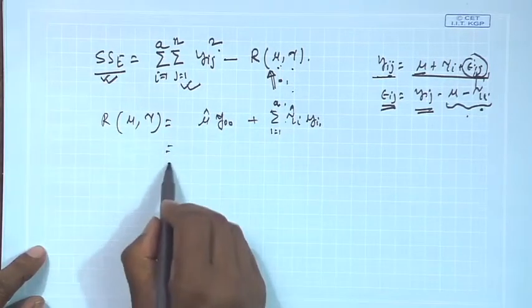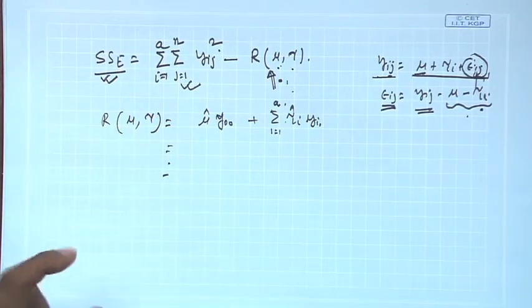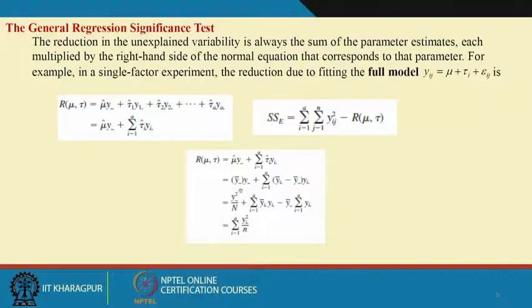If you expand this, you get mu cap, which is nothing but the grand average of y, into this, and into this. If you expand it further, you will get y i dot square by n, i equal to 1 to a, y i dot square by n.